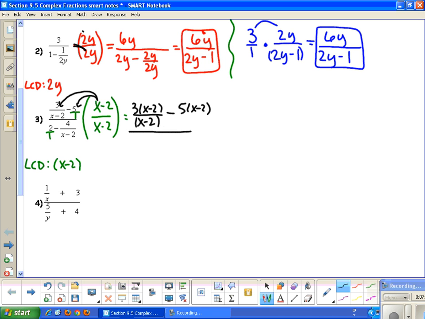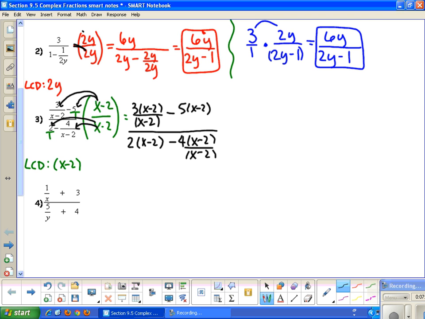So you can write over 1 if you want to, but you don't have to. All divided by, and I'm going to do the same thing here. So this times this would give me 2 times x minus 2, and then this times this gives me 4 minus 4 times x minus 2 over x minus 2.